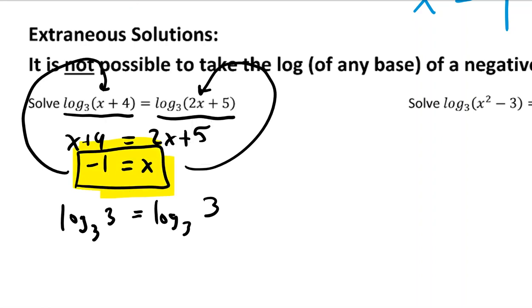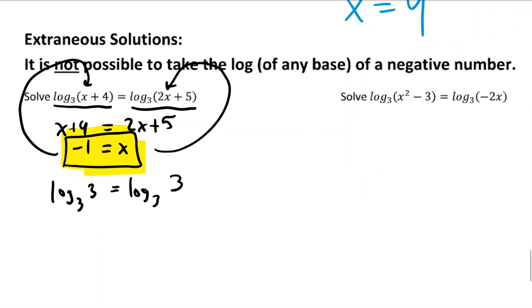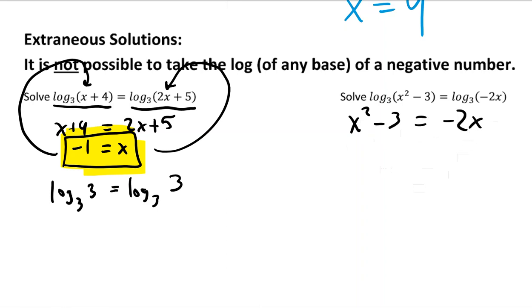Not only did I check to see that it makes the left side equal the right side, it also shows me that it wasn't extraneous. It's a real solution. I would keep that. Whereas over here, if I tried the same thing, log base 3 of some stuff equals log base 3 of some stuff. Those will be equal if the stuff is equal.